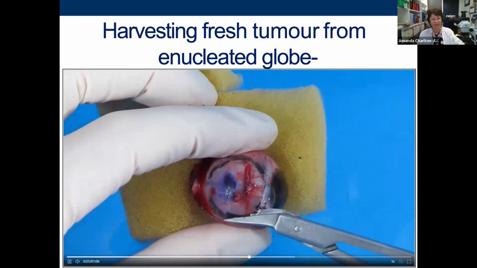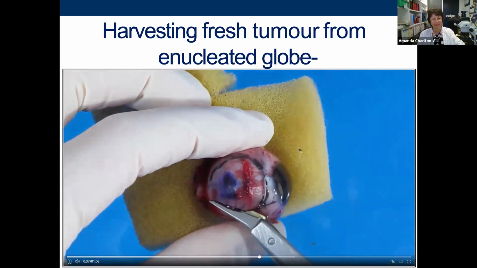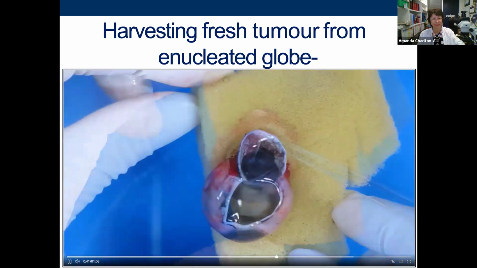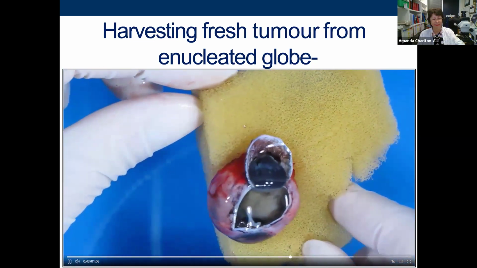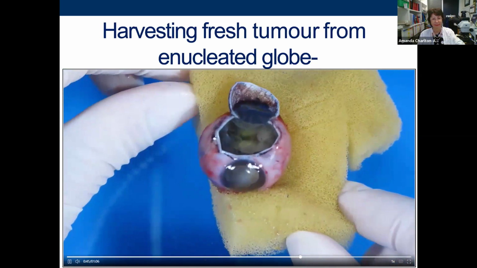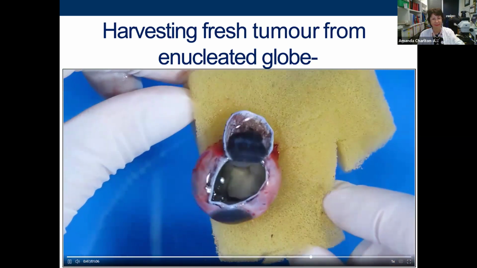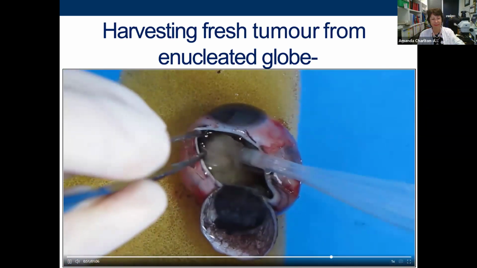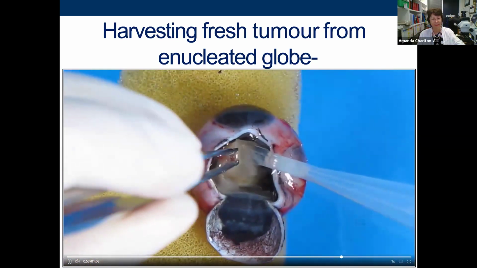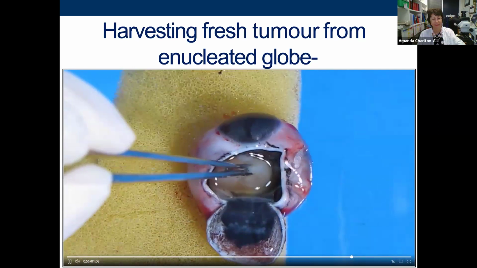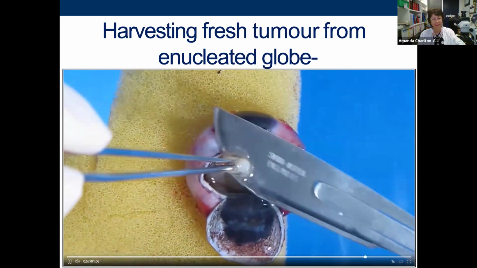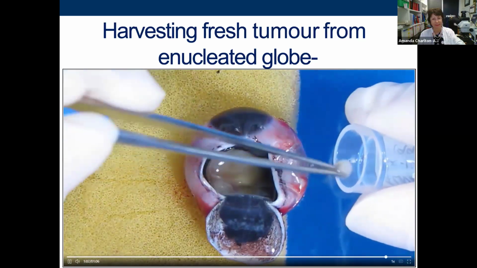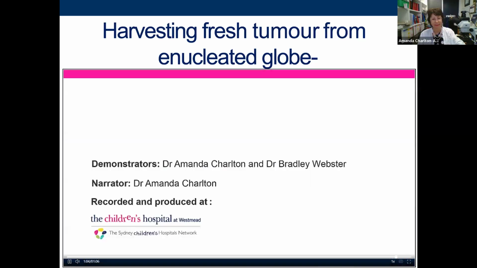The superior calotte is further opened with scissors, leaving a hinge posteriorly. In this case, the tumour is anterior to the equator and is easily seen through the pupil. The tumour is harvested using sterile forceps and a new pipette. Place the tumour in a clean freezer tube.